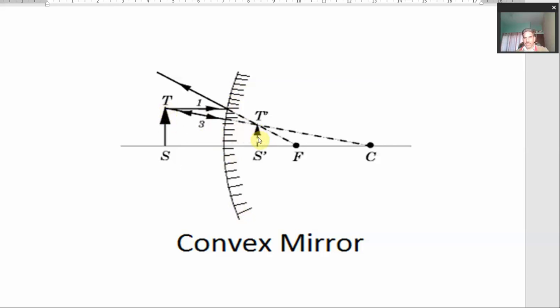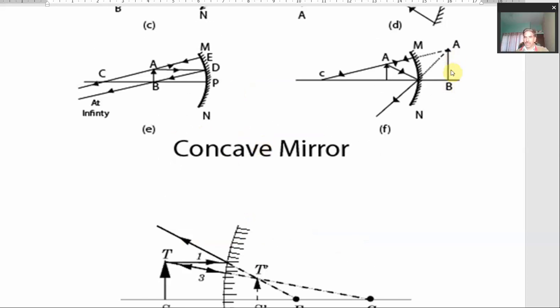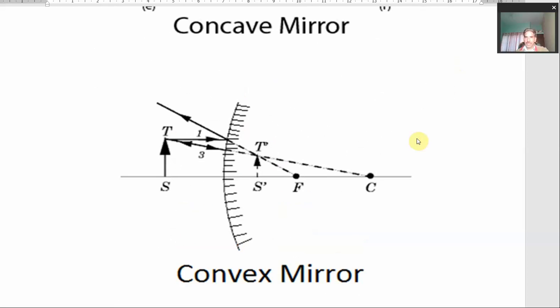So in this case also the image is formed behind the mirror, which is called a virtual image, just as in this case this is the virtual image. It will be of somewhat smaller size than the object. It will be an erect image. So this is about the image formation by the spherical mirrors, the concave mirror and the convex mirror.